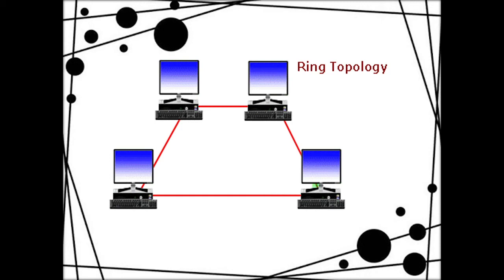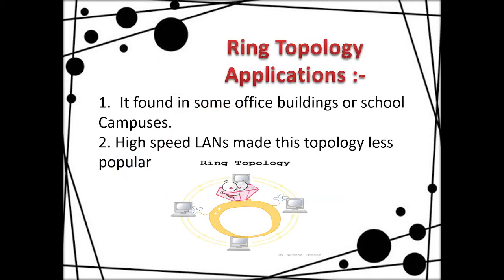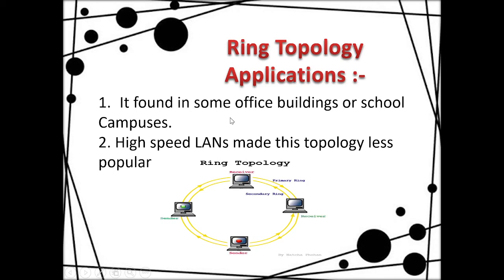The movement or changes made to the network nodes affect the entire network performance. The ring topology application is that it is found in some office buildings or school campuses. High-speed LANs made the topology less popular.